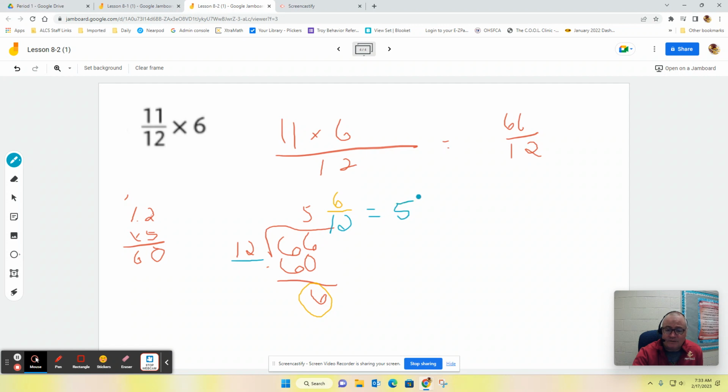So I would say my answer would be 5 and a half. Do you need to simplify? No, not necessarily. If you write this down as 5 and 6/12, that would be fine. Again, guys, you got to make sure you understand the remainder, what you have left over, is your numerator, and your divisor is your denominator when you're trying to write that remainder as a fraction.